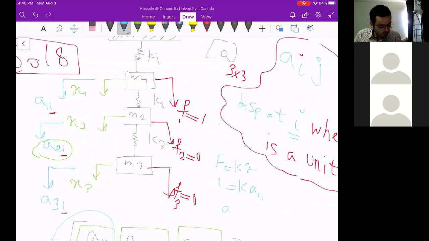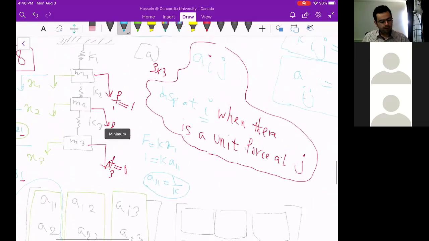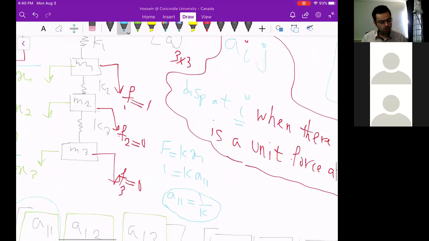So A11 would be 1 over K. Basically, x1. And we know that since the system is a series of springs, the total deformation is x1 plus x2 plus x3.